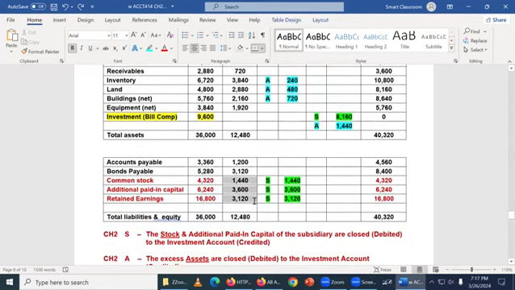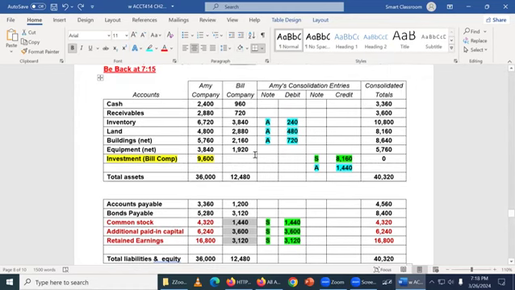Because the company's not being dissolved, right, so the stock still exists, and so does the retained earnings, but it's not outstanding. It's no longer outstanding. No one outside of Amy Company owns it.